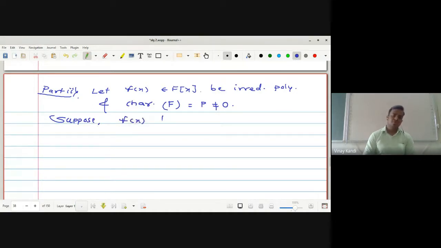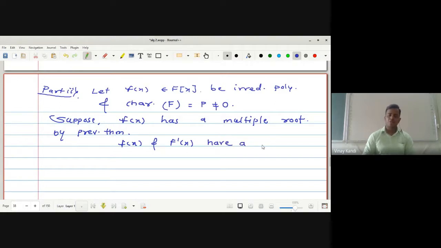Suppose f of x has a multiple root. By the previous theorem, what we get is f of x and f dash of x have a non-trivial common factor in capital F of x.